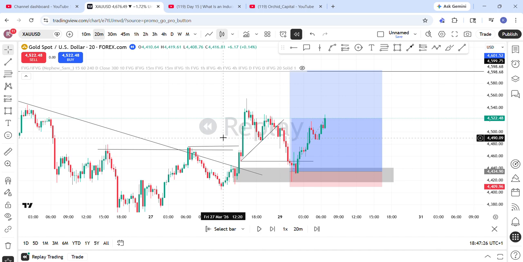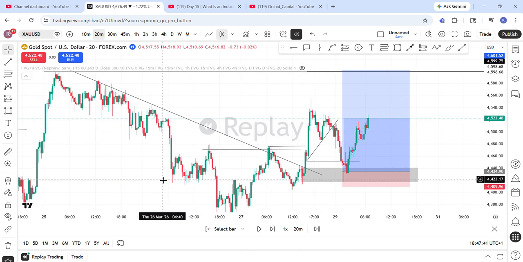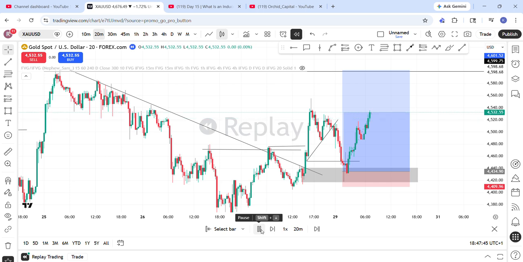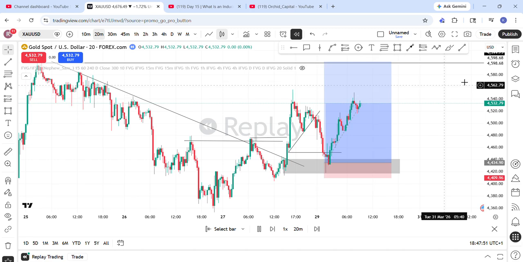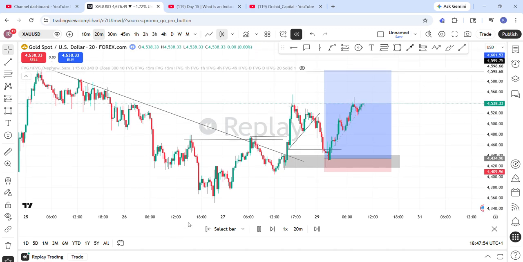That's why you basically need to understand this thing from the foundation. Understand liquidity, understand this order block, understand every nook and cranny, understand key levels. You get me? So that's it. This is how I basically got the trade.